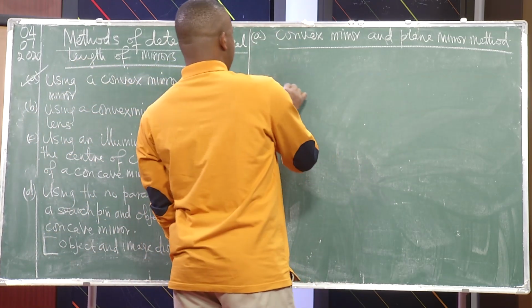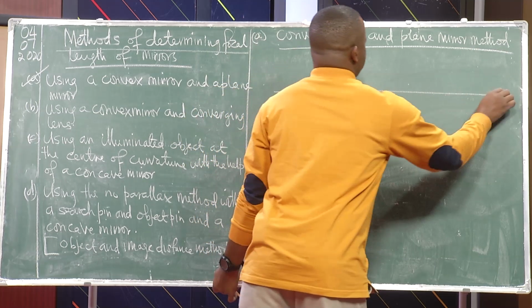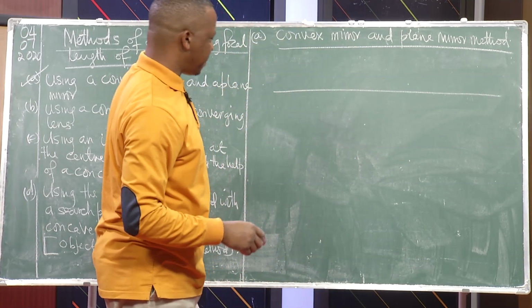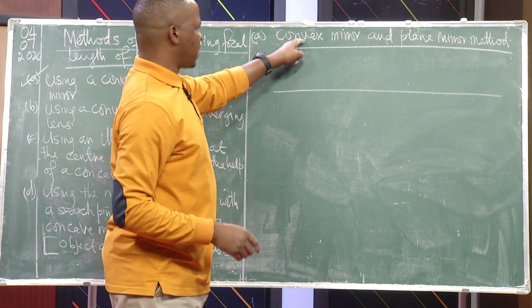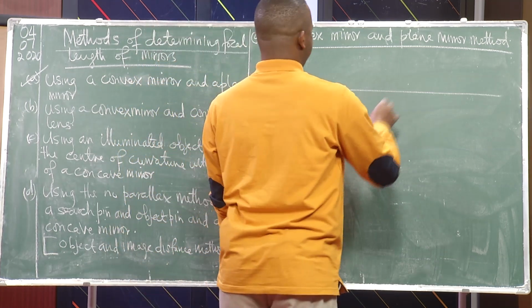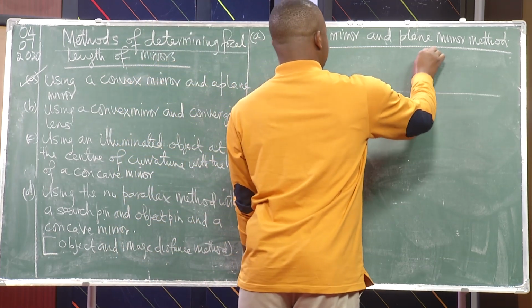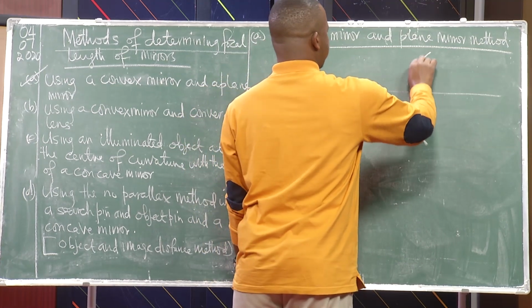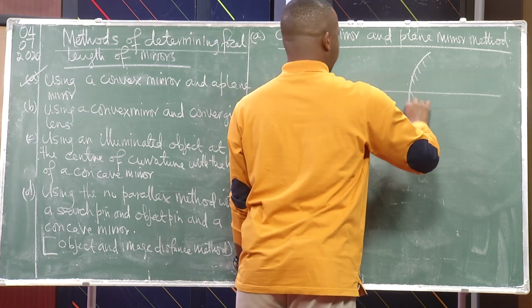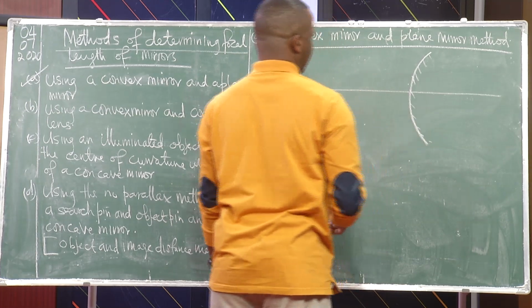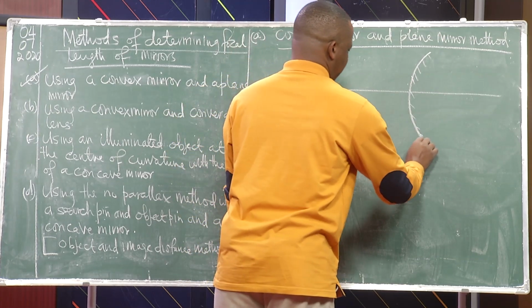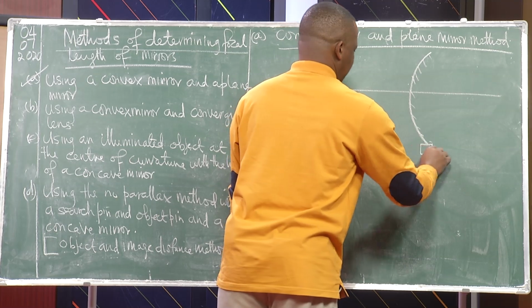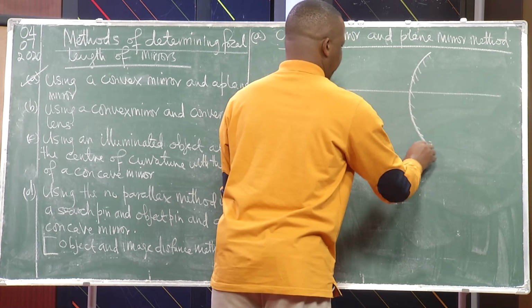The candidate is expected to draw a correct diagram here. Since we are using a convex mirror and a plane mirror, we can consider that to represent our convex mirror, which we are going to label. Of course, the mirror is always placed in a mirror holder.